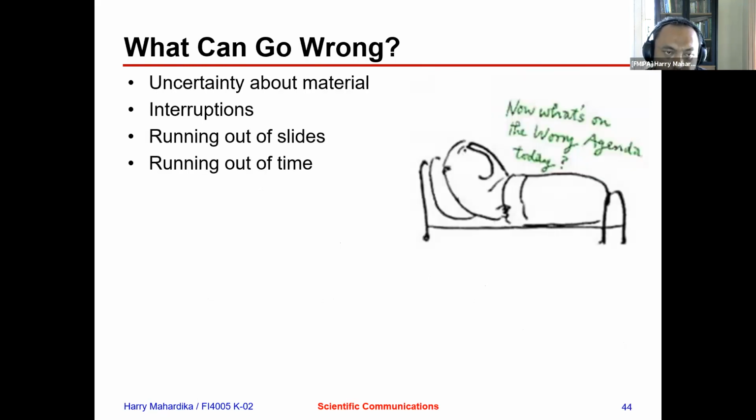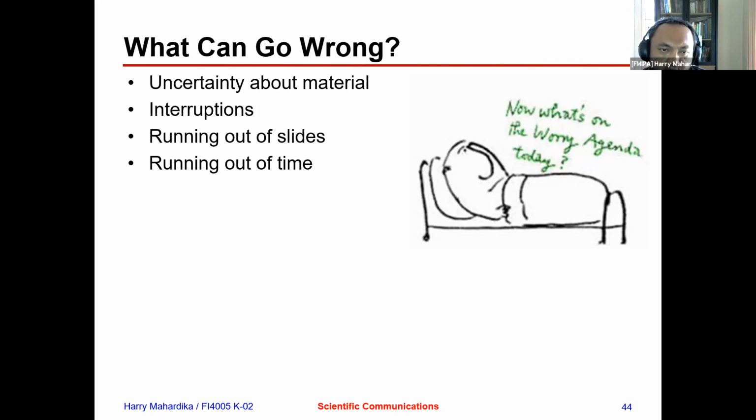That's another example. Okay, what can go wrong from preparing or working on a presentation? Anything can go wrong, so anticipating anything related to your presentation is key. You can have a moment where you are basically blank, you have uncertainty about the material, and then probably people will interrupt you.